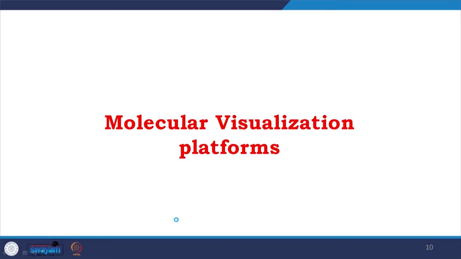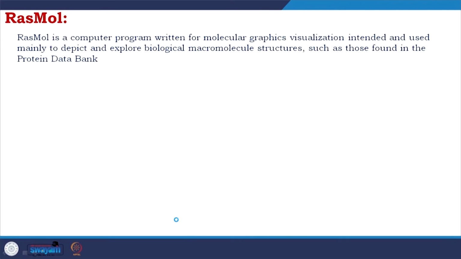Coming to molecular visualization platforms, as I talked about RasMol, I have already talked about RasMol in the history part. RasMol is a part of history because the first time people started making beautiful figures, it came to common people through the innovation of RasMol by Roger Sayle.